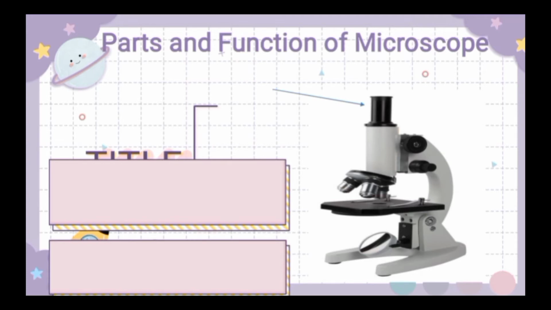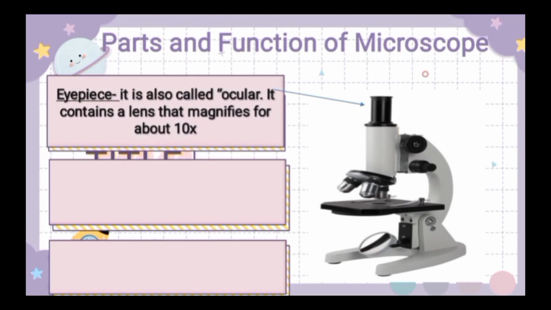What part of the microscope is this one? Very good! It is the eyepiece. It is also called the ocular. It contains a lens that magnifies for about 10 times. It is also where we peep through. How about this part of the microscope? Alright!